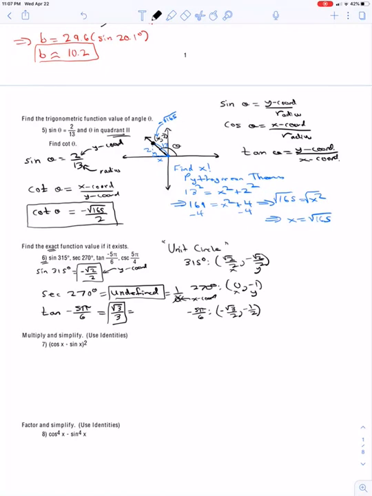That's from the y coordinate, negative 1/2, divided by the x coordinate. Y over x, tangent's definition, which simplified equals square root of 3 over 3. So again, taking the y and x coordinates and dividing those.